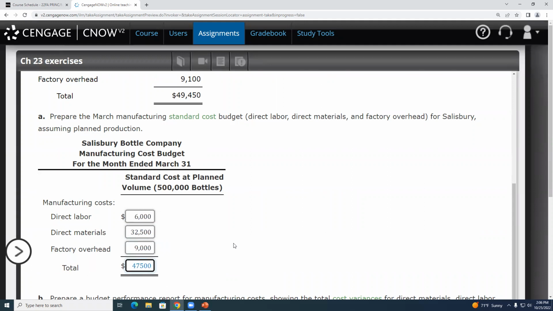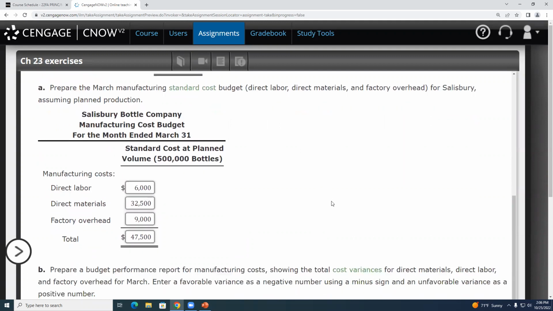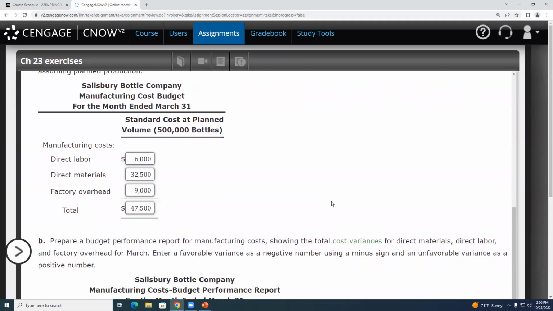So that's 5,000 lots of bottles as opposed to 500,000 bottles that I should have been calculating there. Any questions though about that? Everybody's okay with just move the decimal place 2 places to the left on each one of those numbers.